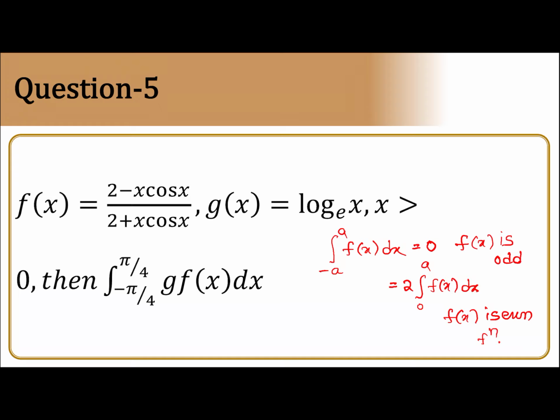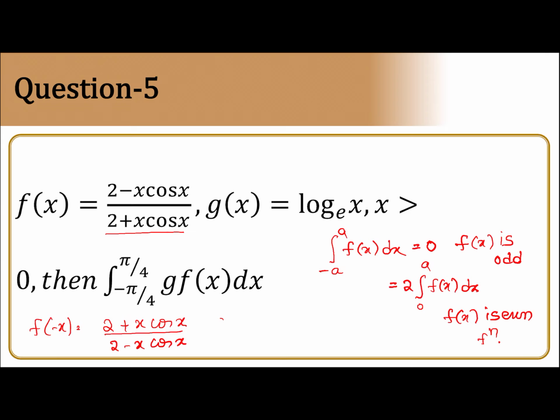So in every problem, some or other new concept we are learning. Concept wise, this exercise was created. Minus a to plus a, f of x dx equal to 0 when f of x is odd. This is 2 times 0 to a when f of x is even. If you observe very carefully, this is an odd function. Why? f of minus x will give you how much? 2 minus x cos x by 2 plus x cos x.